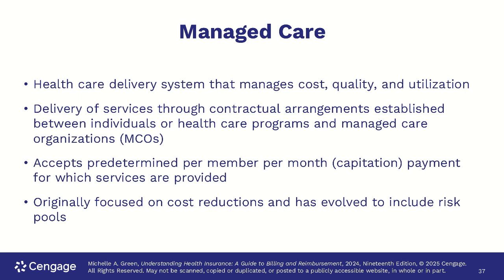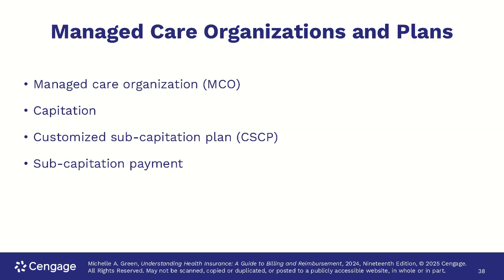So think about the situation where the doctor is getting $120 per year per patient, and what you're going to find is that works well if the patient never comes to the doctor's office. But if that patient is constantly coming to the office, that's eating away at the money. All right, so let's see.